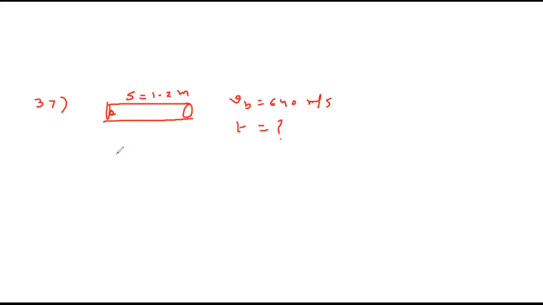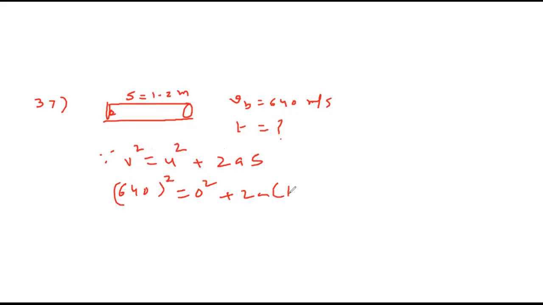See, initially the bullet is at rest, na? Yes, sir. So I can use the formula v squared equals u squared plus 2as. Now a they have not given, but they are telling a is constant. So final velocity is 640 squared, initially it is 0, plus 2a into 1.2 meter long barrel.